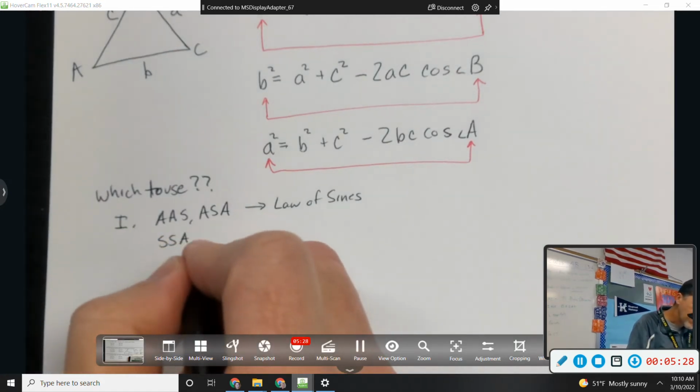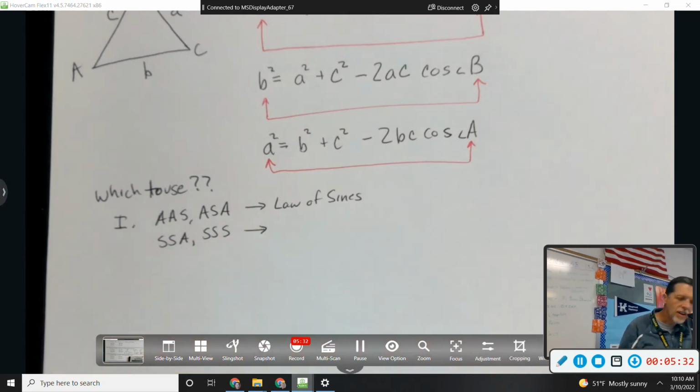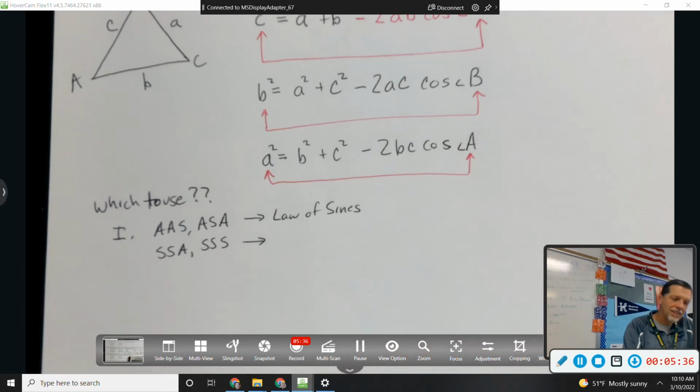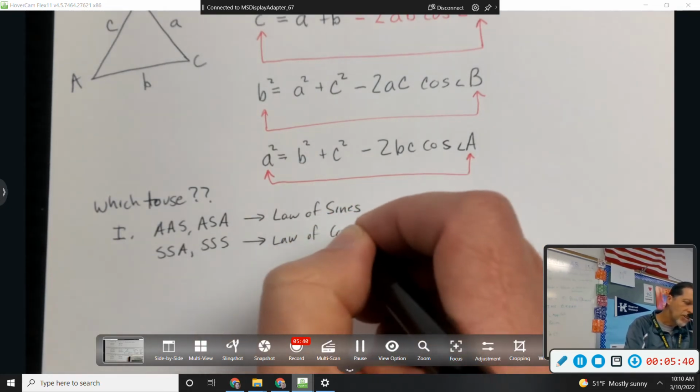If you know two sides or more, like you look at the law of cosines equation, it has a lot of sides in it. So if you have a lot of sides, you're using law of cosines.